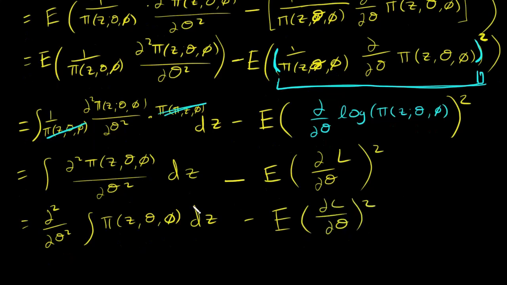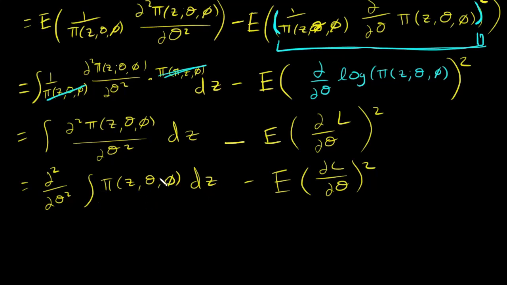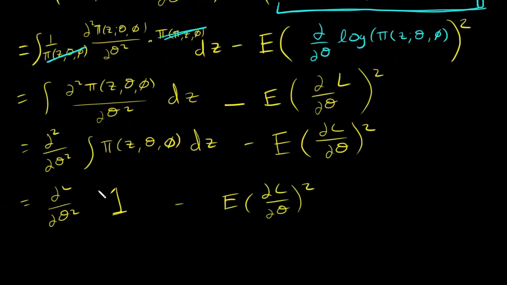The integral of a density function, by definition of what a density function is, is always going to be 1. And you can see we're almost there, because the derivative of 1 is 0, and if you take the derivative again, you get 0. So the second derivative is 0.